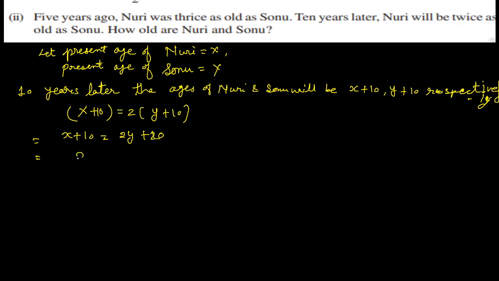So here you will get x minus 2y plus 10 minus 20 is equal to 0. So x minus 2y minus 10 is equal to 0. This is your second equation.